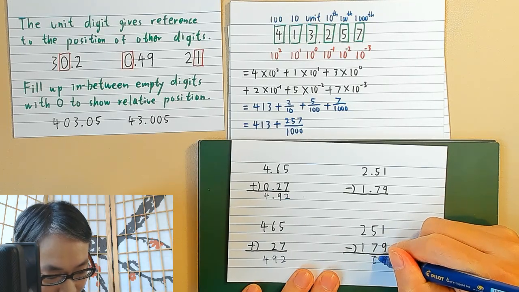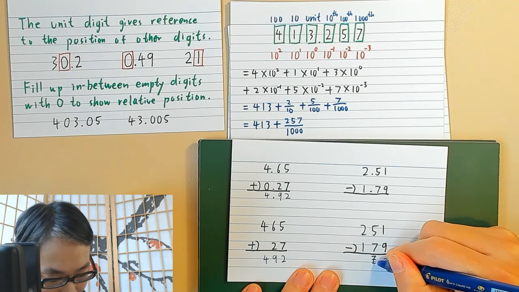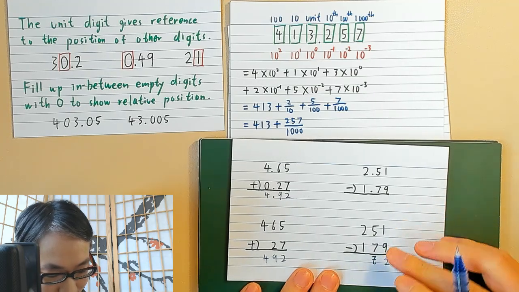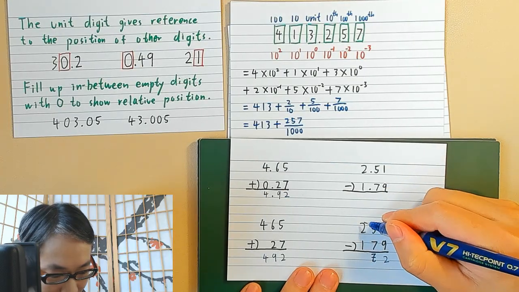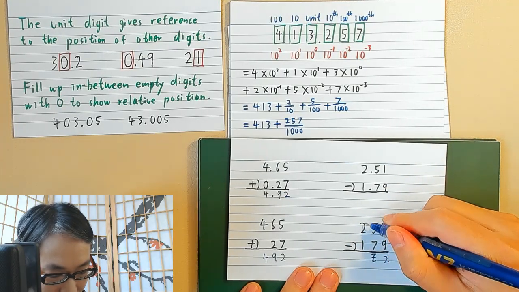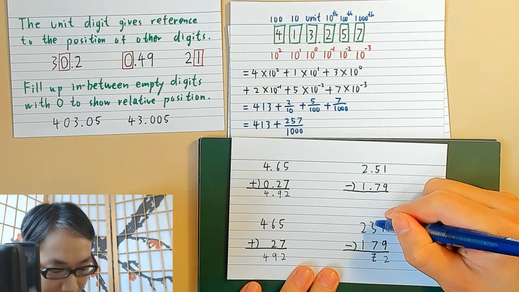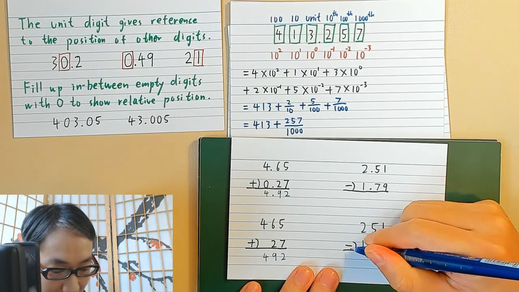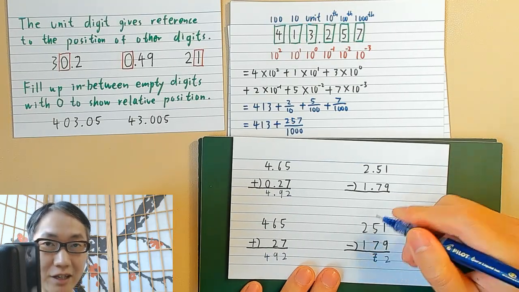Yes, it's a 7. Okay, so we have 7 here. And then this becomes a 1. So there's nothing here, because 24 minus 17 is 7, and there's nothing left.